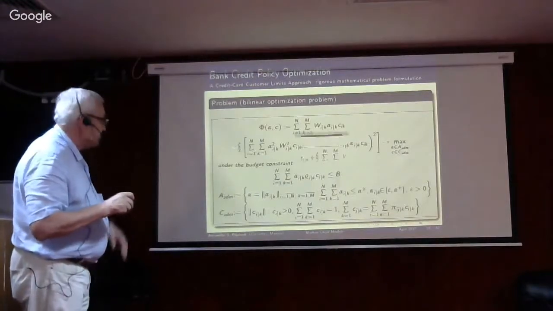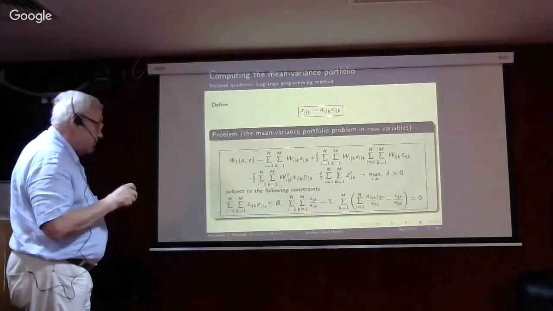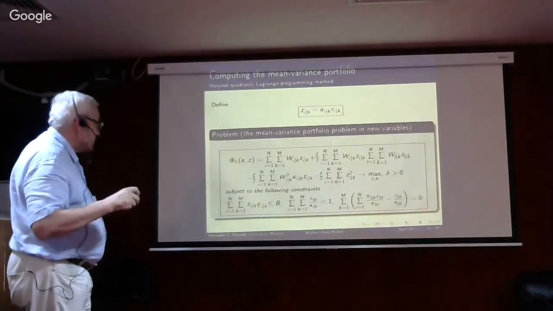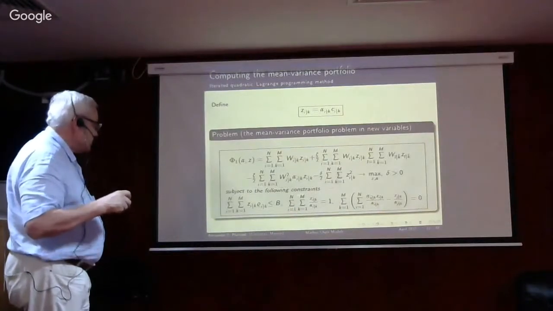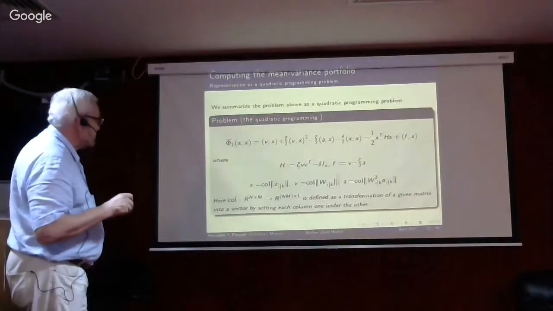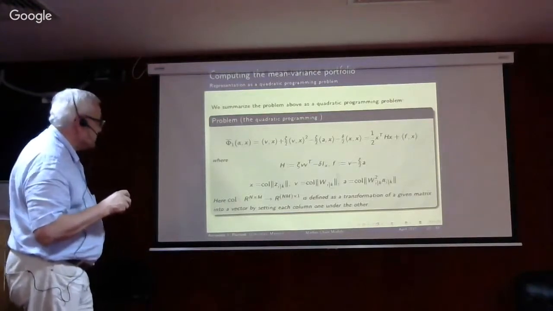And we again introduce an adjoint variable Z, rewrite it here, and obtain slightly different constraints. Finally, we have multi-step quadratic programming.